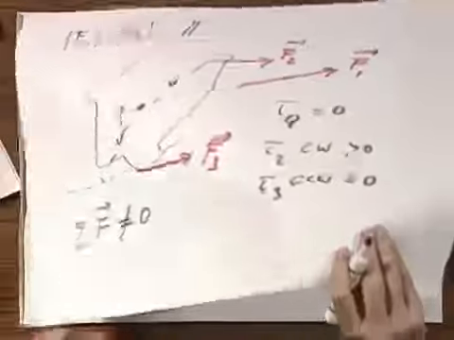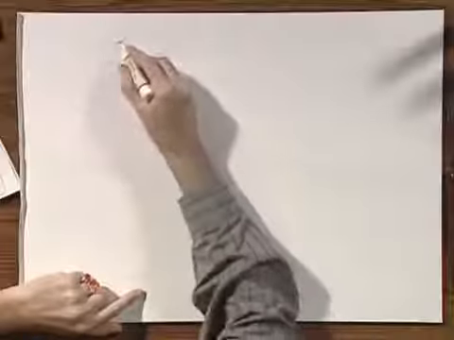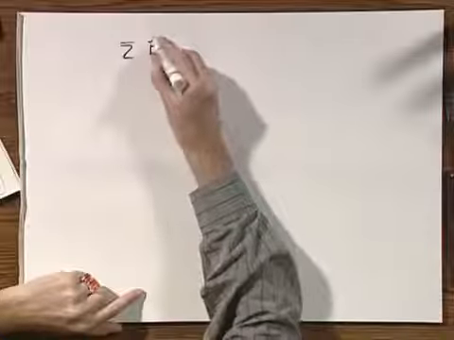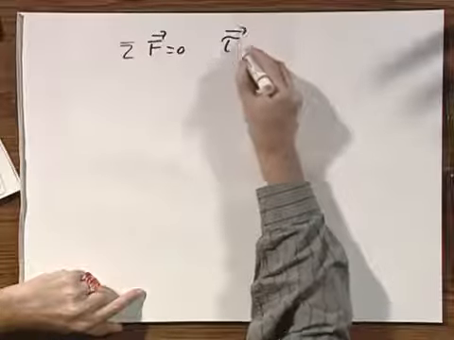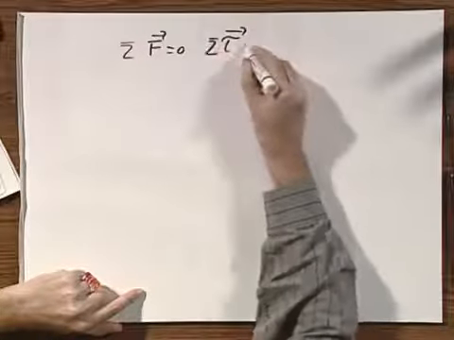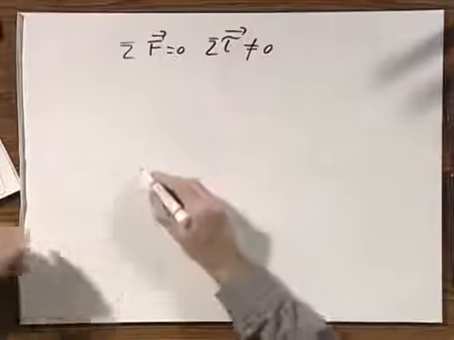And so now the question comes, is it possible that the sum of all forces is 0, but that the sum of all torques is not 0? Of course, that is also possible. And I will show you an example of that. So the sum of all forces is 0, but now the sum of all torques is not 0.